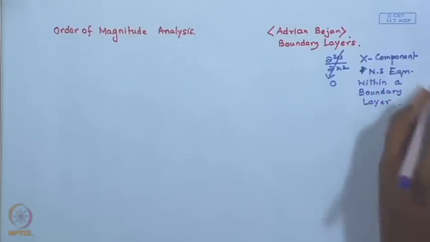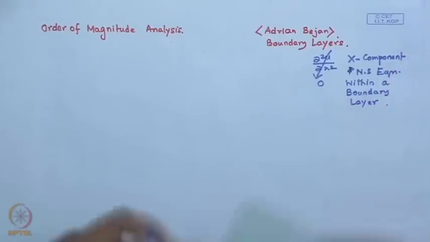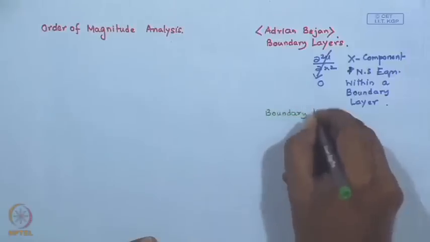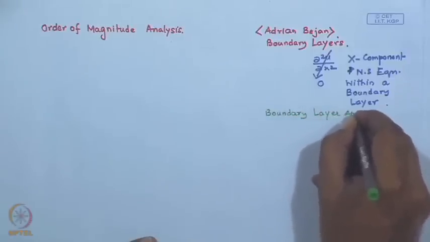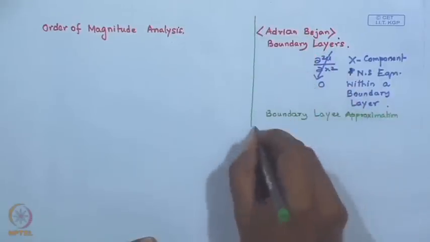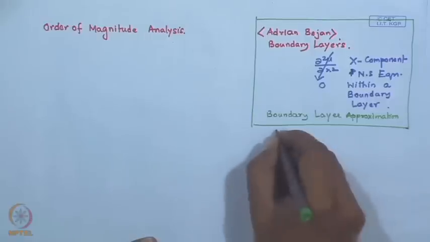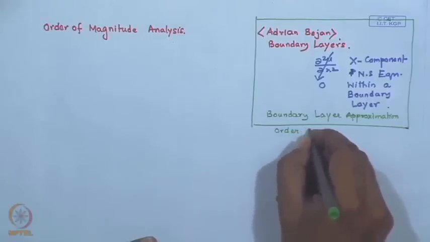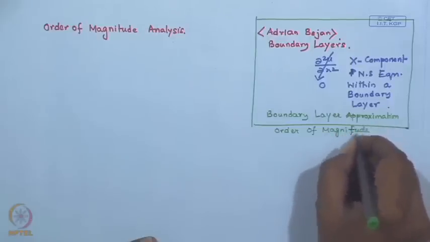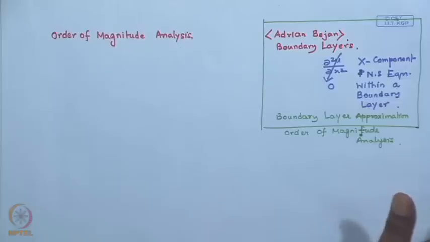Some chemical engineering textbooks of course refer to this as the boundary layer approximation, but if you look carefully, this whole concept of the so called boundary layer approximation comes from nowhere other than order of magnitude analysis. So, in other words, this analysis gives a relative scale of different variables.